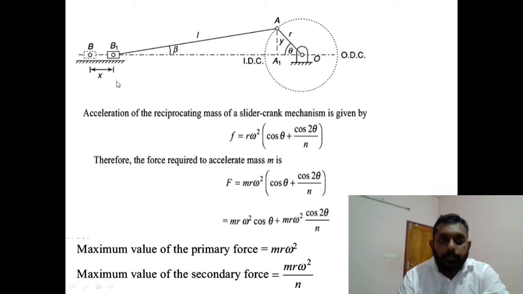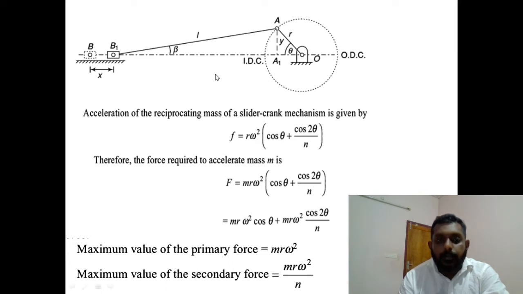The main components of the slider crank mechanism are a slider, the connecting rod of length L, and a crank of radius R. The acceleration of the reciprocating mass of the slider crank mechanism we derived already in our classes in the dynamic force analysis portion.